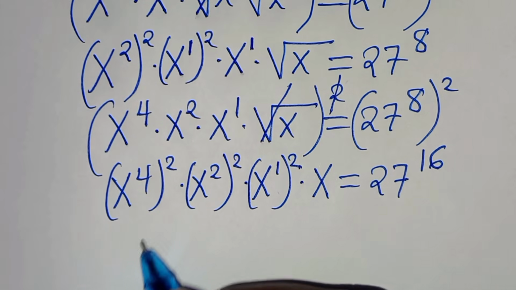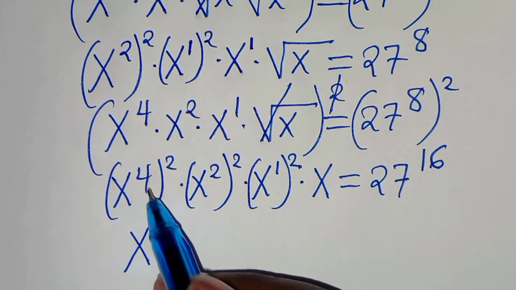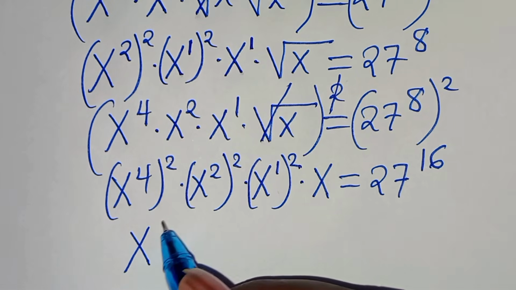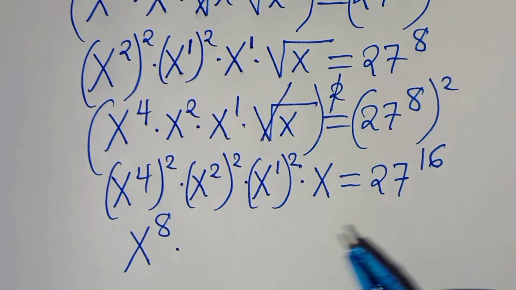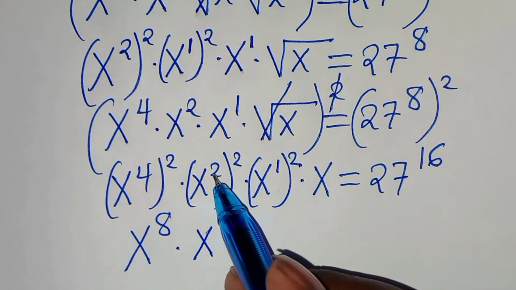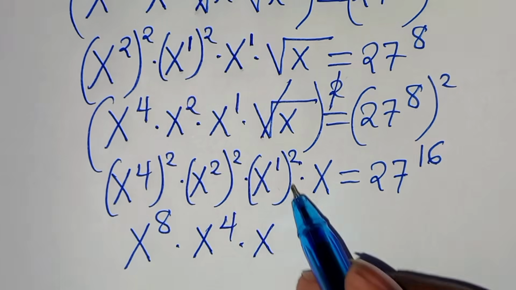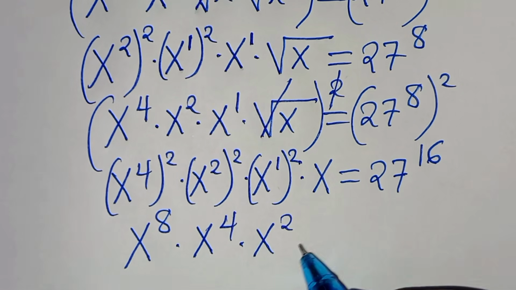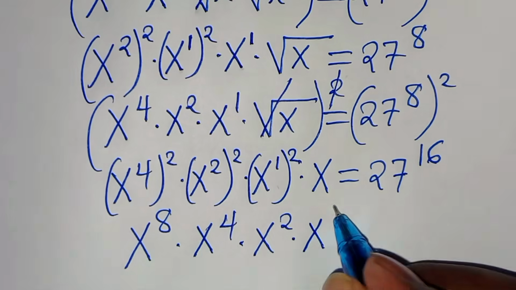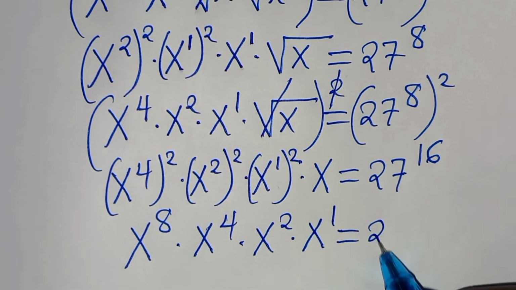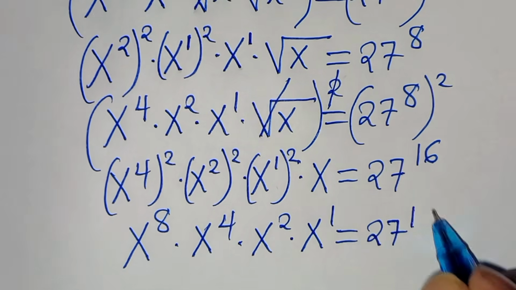Okay, so this is x to the power of 4 times 2, this is the same thing as 8, then times x to the power of 2 times 2, this is 4, then multiplied by x to the power of 1 times 2, this is 2, then times x to the power of 1, this is equal to 27 raised to the power of 16.